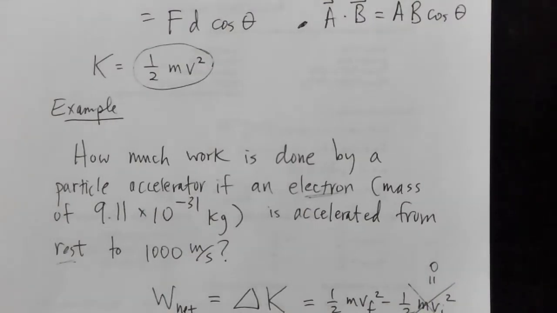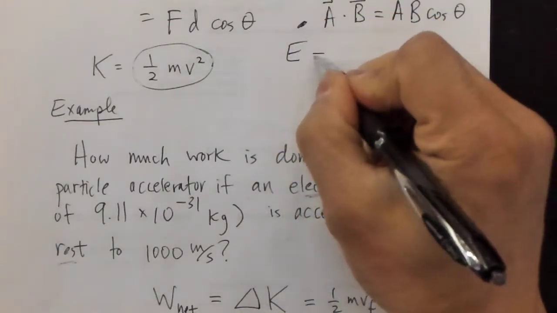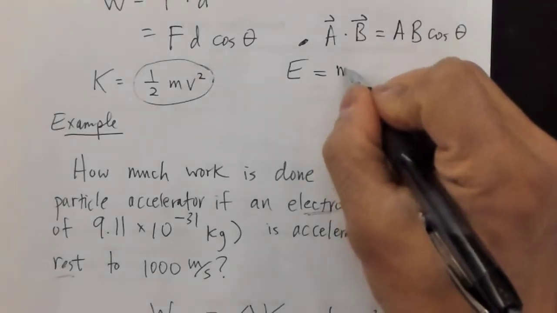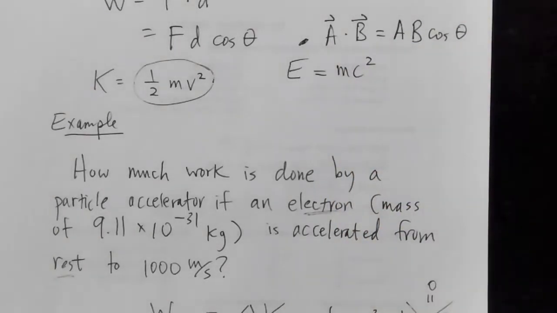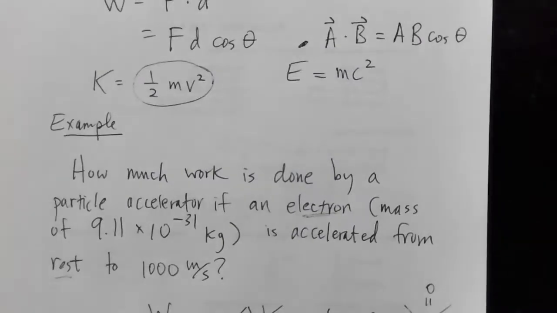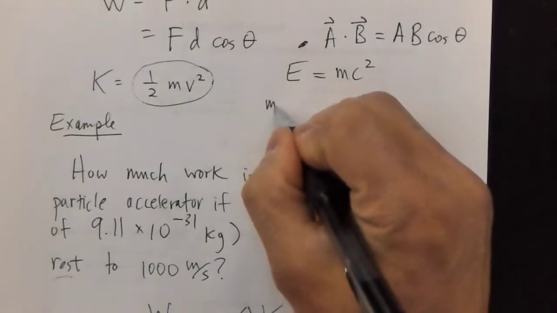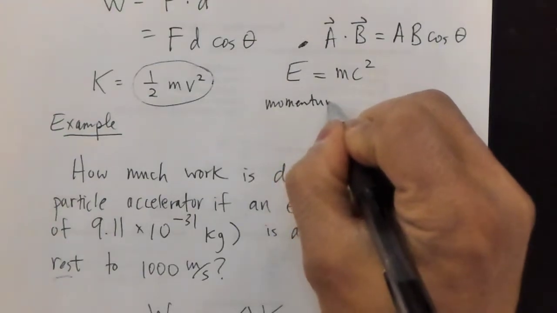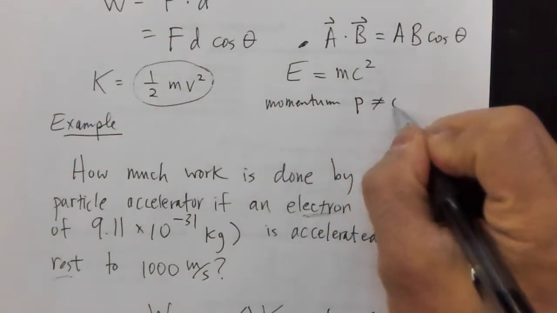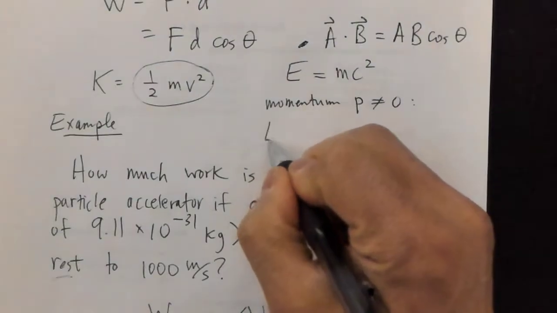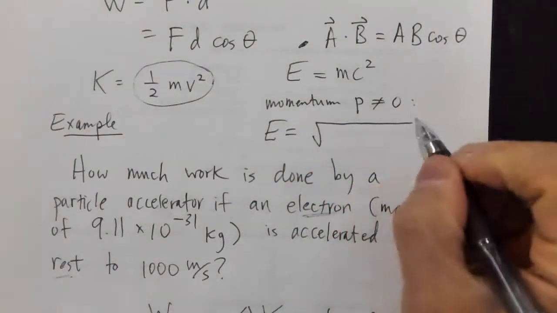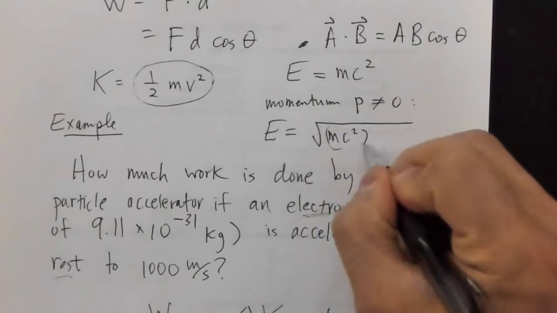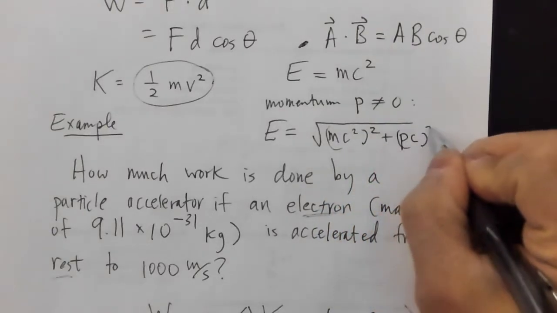There is a formula I talked to you about last time: the amount of energy in an object that has mass m. Remember, Einstein's theory of relativity: if it's not moving, the rest energy is just mc squared. But if it is moving, in other words, the momentum p is not equal to zero, the formula becomes E is the square root of (mc squared) squared plus (pc) squared.